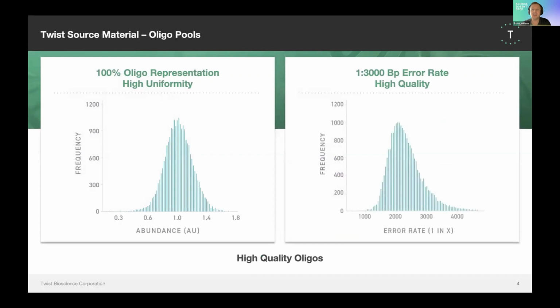And we're not just changing the game with respect to throughput. By achieving significant improvements in coupling efficiency, Twist DNA oligos are also characterized by an industry-leading quality in terms of 100% oligo representation, so basically no dropouts, very high uniformity, meaning that over 90% of oligos in a given pool production batch are represented within a narrow bandwidth of not more than 2.5x from the mean yield, and an industry-leading low error rate of only one mismatch on average per 3,000 nucleotides.